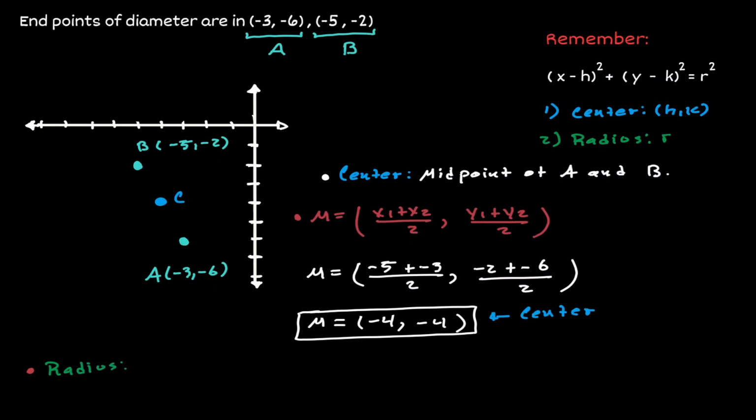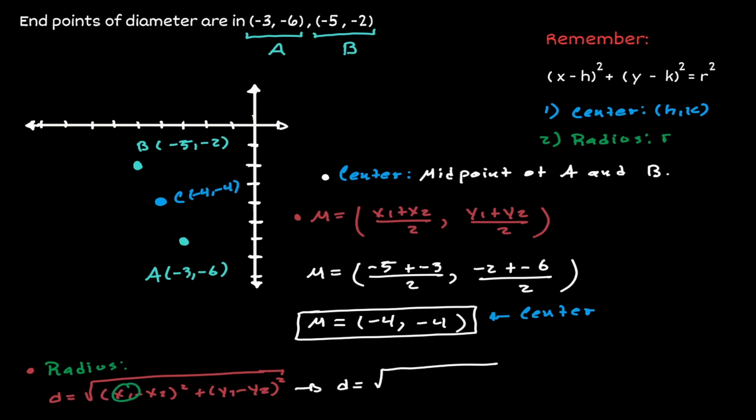So let's use the distance formula. For x1, let's use the value of -5, and for x2, let's use the value of -4. And for y1, let's use the value of -2, and for y2, let's use the value of -4.